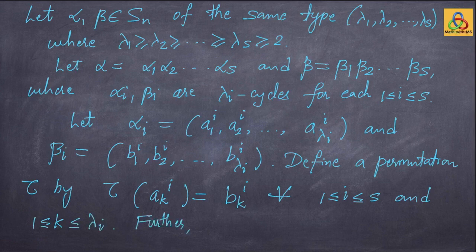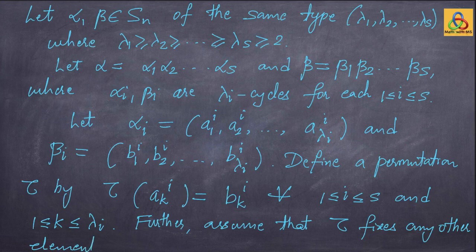Further, assume that tau fixes any other element of the underlying set, which is 1, 2, and so on up to n.